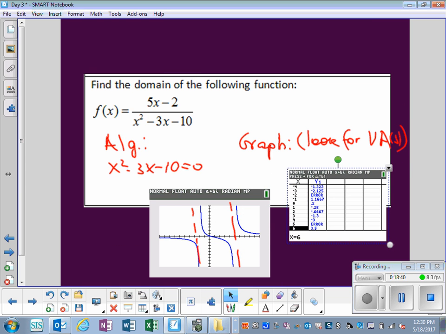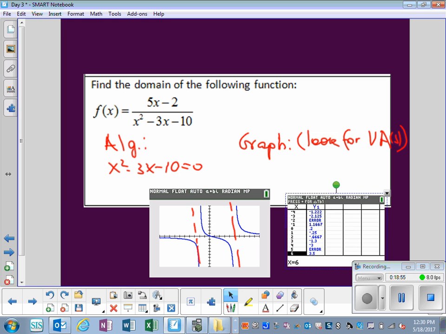So I don't need to solve it. Sometimes when you have fractions, right, you will not see these values in your calculator. Then you would have to solve your quadratic equation. But in this case, I don't really need to. So what is my domain? All x such that x is not equal -2 or 5.